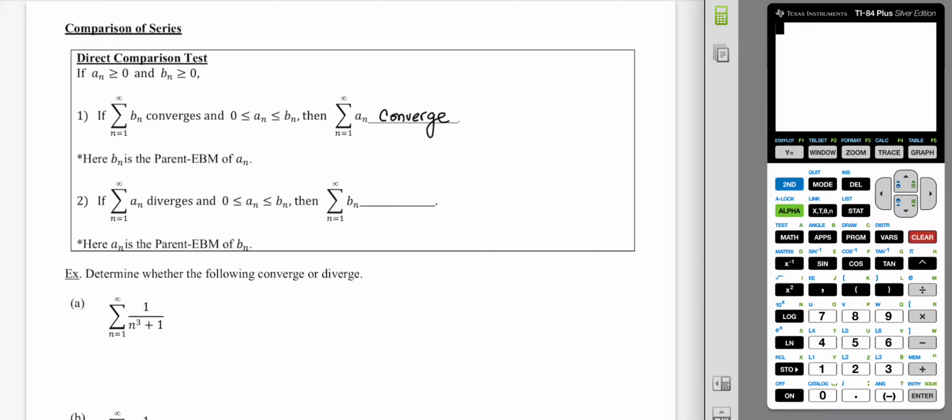All right. So I'll give you a quick sketch of that, using f of x to represent the path generated by a sub n, and g of x to represent the path generated by b sub n.